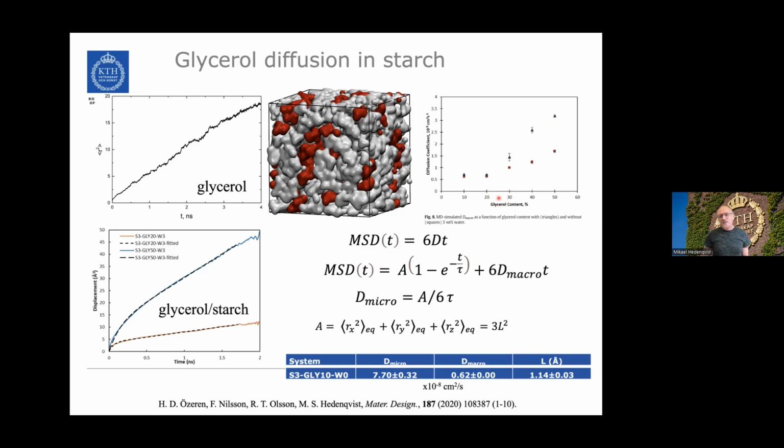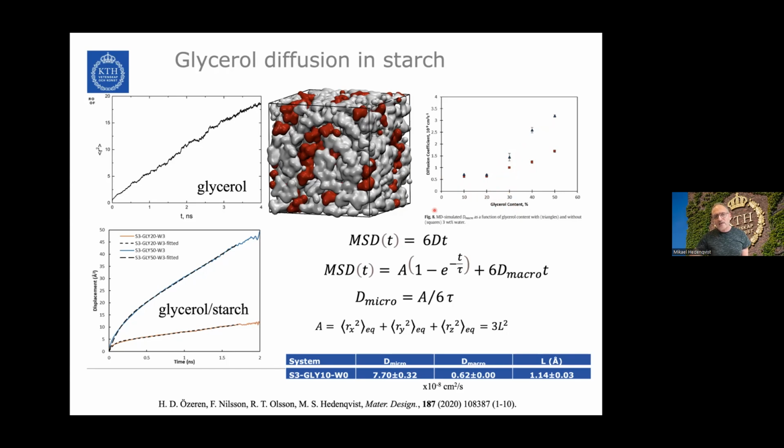If you look in the literature on bio-based polymers plasticized with different compounds, most works have been done at 20 or 30% plasticizer. So it's not a coincidence that it starts to work well in this region between 20 and 30%.